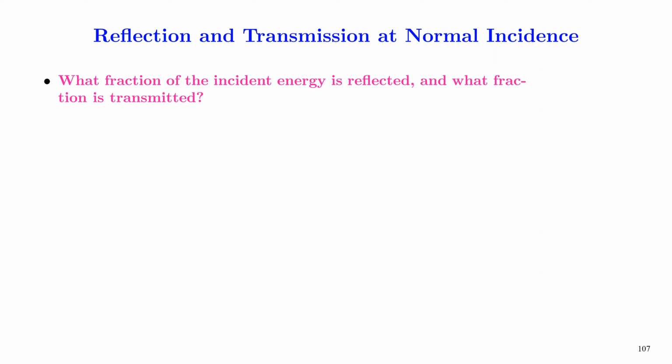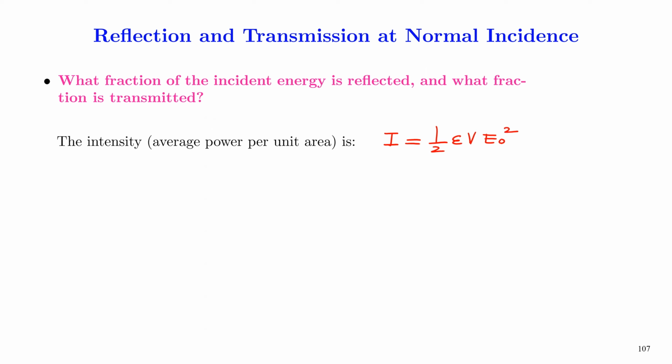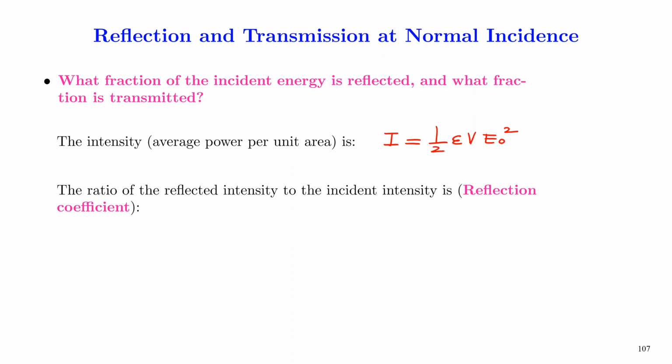Let's now find out what fraction of the incident energy is reflected and what fraction is transmitted. For that, let us consider the intensity of the electromagnetic wave, which is the average power per unit area, defined to be I equal to half epsilon V E0 square. We call the ratio of the reflected intensity to the incident intensity the reflection coefficient R, which is defined to be IR over II.